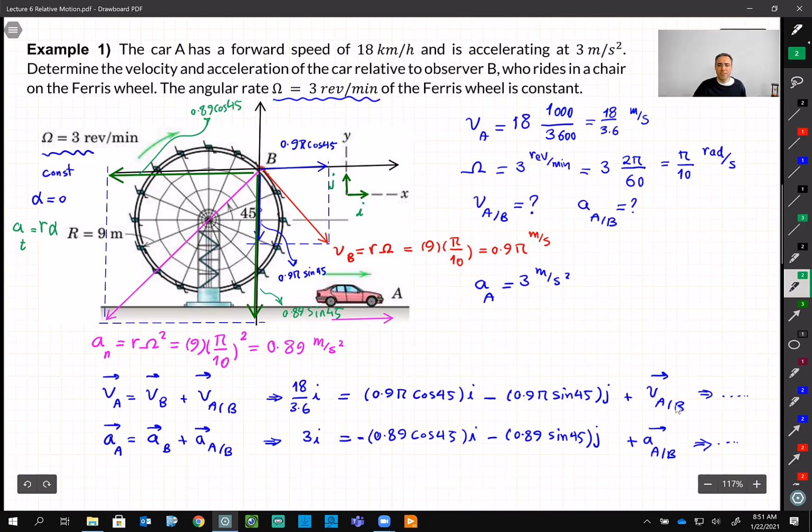Do you agree, Kamran? We have a circular motion, but omega is constant. Imagine if the Ferris wheel at the beginning, maybe omega is not constant, but when it's settled, it's going to be constant. And this question didn't tell us that we have an alpha. All right, so that's good. No question then here.